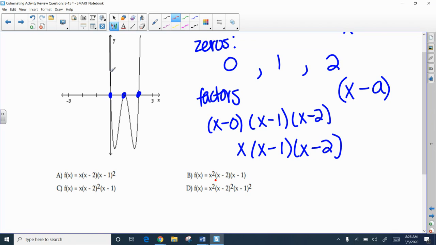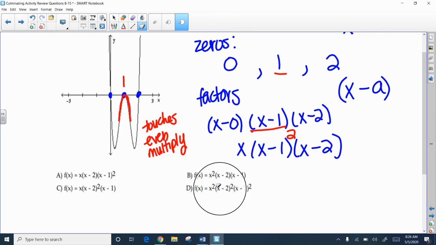The one thing we're looking out for here is, hopefully we remember that when the graph touches the x-axis, like a parabola, it has an even multiplicity, meaning there's more than one of the same factor. So this is at a 1, so we know it's dealing with this factor. That means since the graph is just touching the x-axis and not actually crossing through, this factor has to be squared.